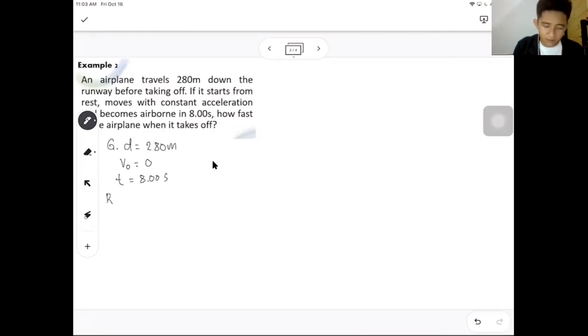We are required to find the final velocity. Our equation to be used is d is equal to 1/2 times v sub 0 plus v times t. Solution.